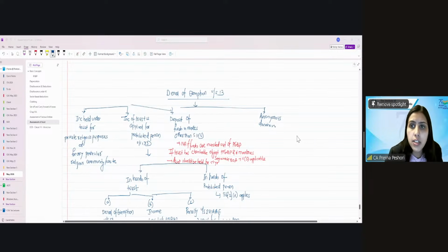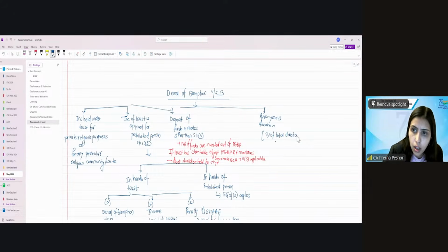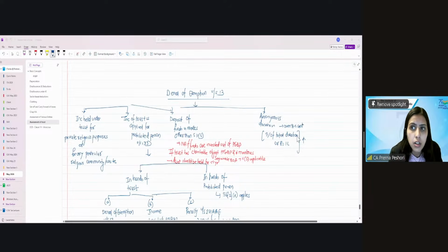So as we have discussed, with respect to this particular amount, which is 5% of my total donation or rupees 1 lakh, whichever is higher, over and above this amount, the exemption under section 11 is not applicable. Clear?